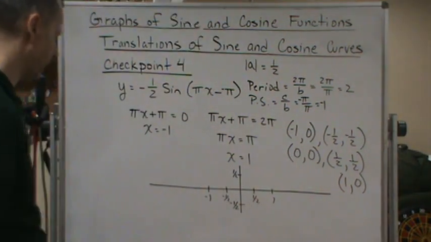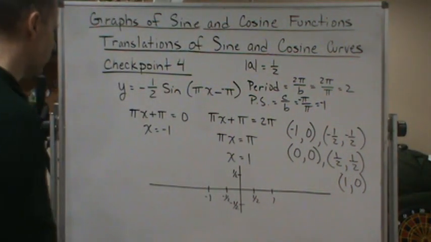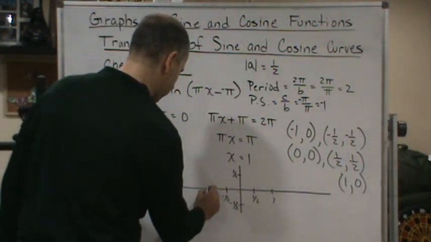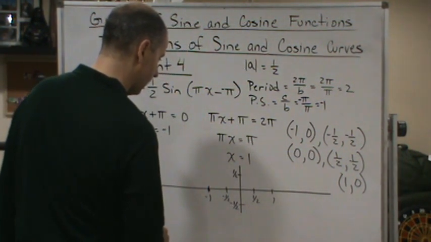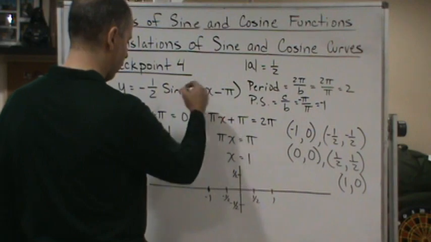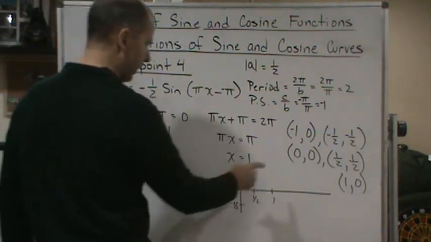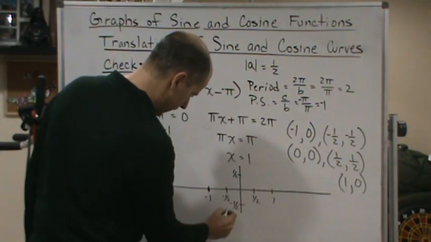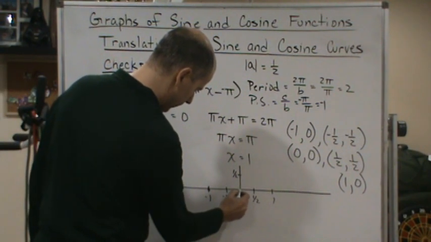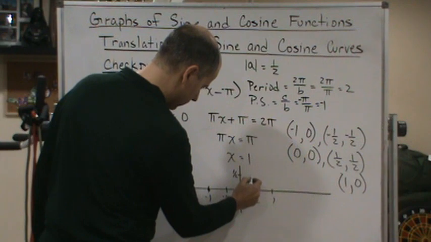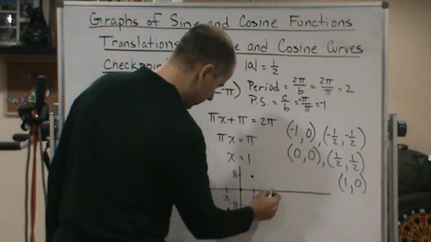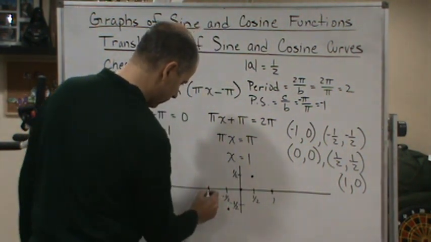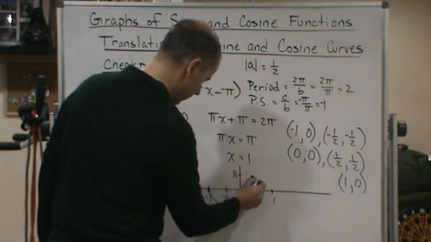So I've got my increments of 1/2. And so it's going to start at 0, right? And then this time, because it's a reflection, because of the negative, it's going to go down. So it's going to go down to negative 1/2. Then it's going to go back to 0. Then it's going to go up to 1/2, and then back down to 0. So it's going to look like that.